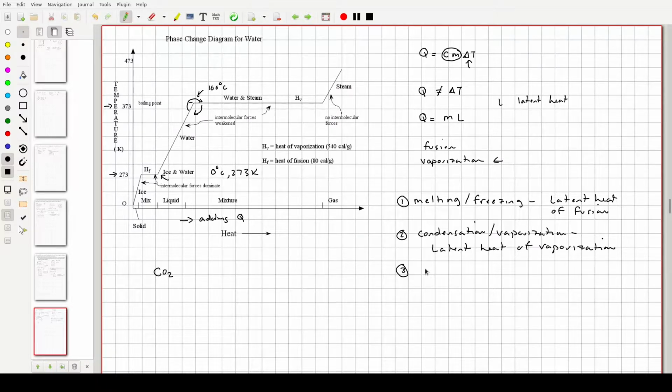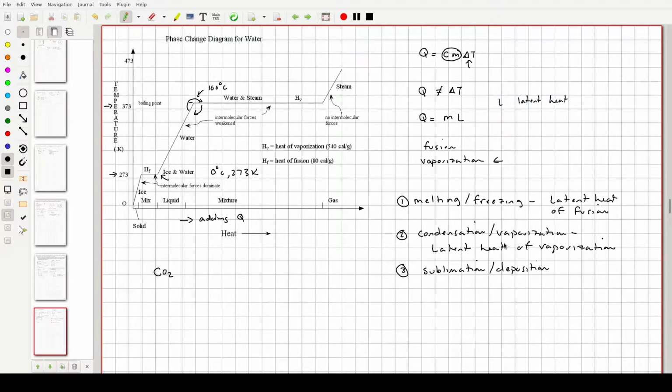You have sublimation, which is the act of going from a solid to a gas, or you have deposition, which is the act of going from a gas to a solid.